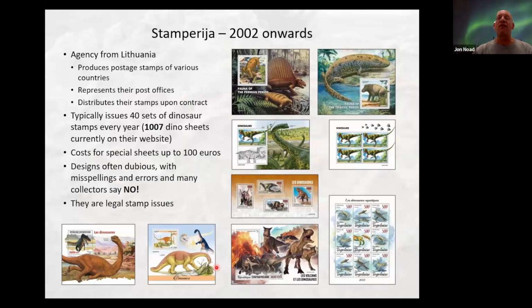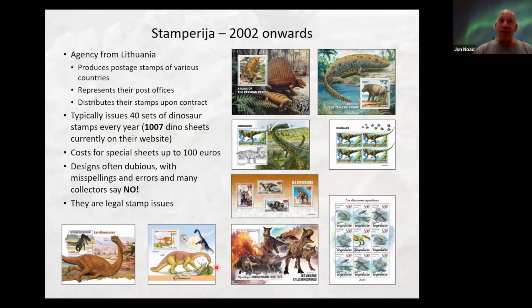The country says that's fine, they sign off, and then Stamper Asia goes crazy. They issue sets, special sheets, fake errors and everything like that. But because they've got the deal with the country, technically these are real stamps, and technically you could use these in the country of issue. And the agreement is there with the postal authorities in those countries.